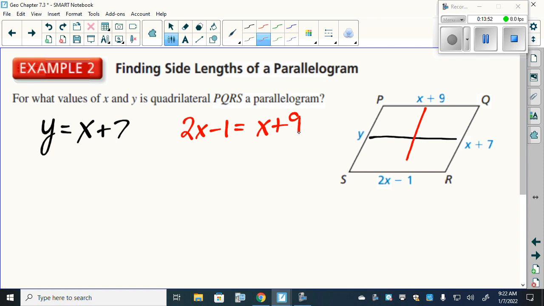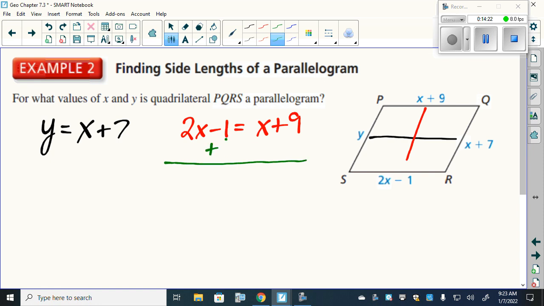Can we solve for y first? No, because in y equals x plus 7, in that equation we have two variables. And at most, we can only solve for one. Now, in the other equation, I have 2x minus 1 is equal to x plus 9. I only have one variable. So we can solve for it first. What can we do first? Minus x or add 1?